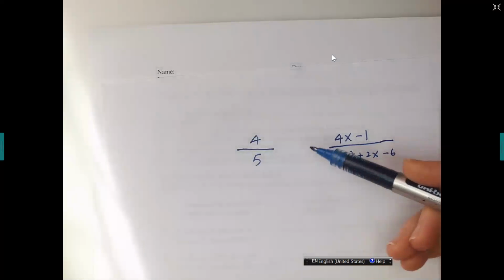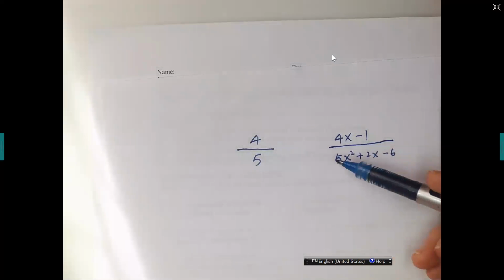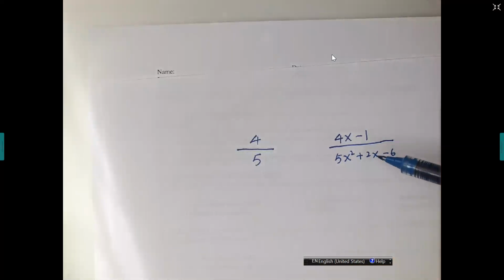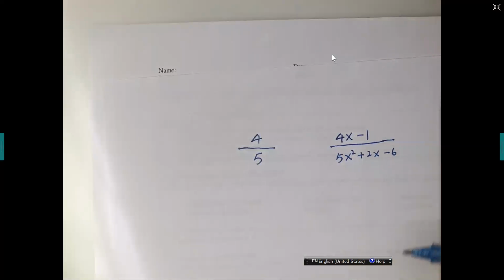They can all be applied to the rational expression. So what we are going to do today, we are going to start with some fundamental things, like a review. We start from the fractional number and then apply those rules onto rational expression.